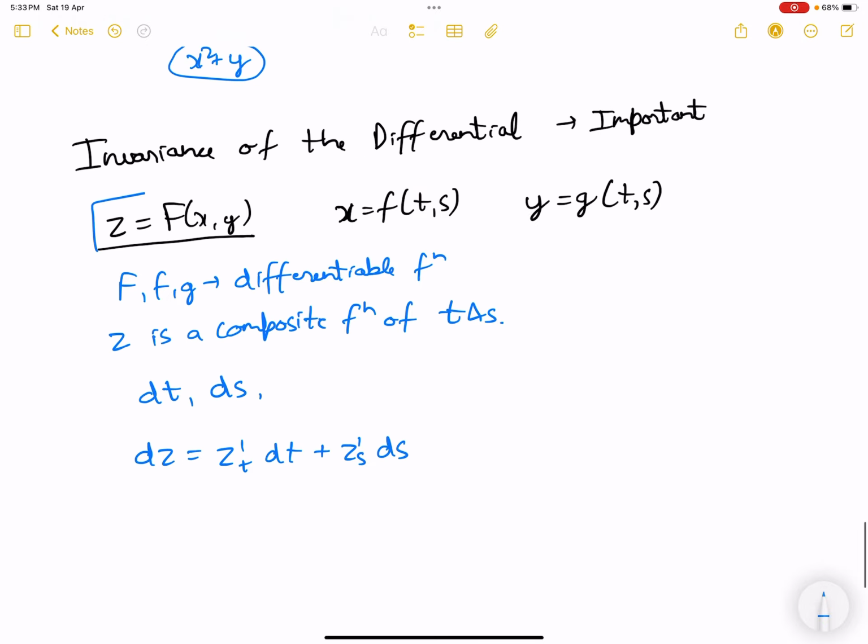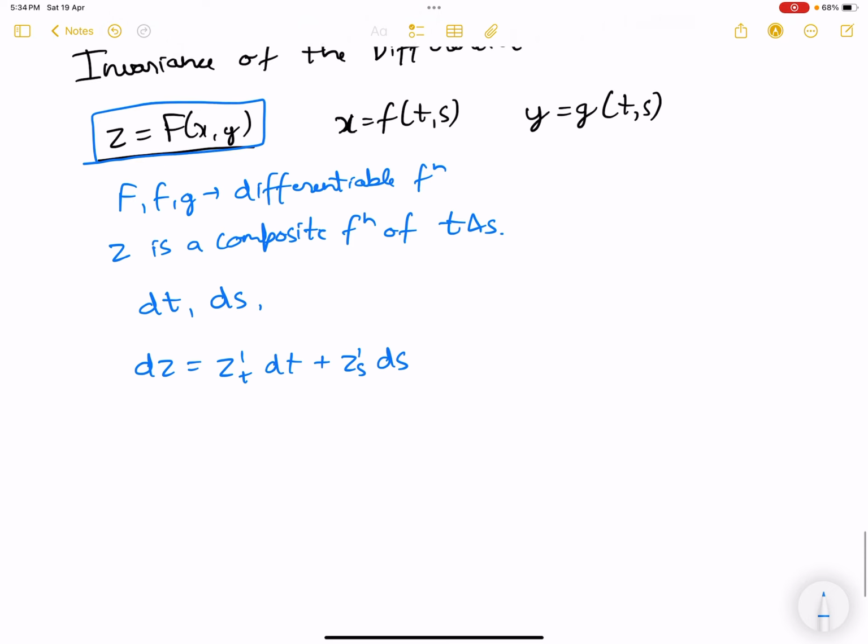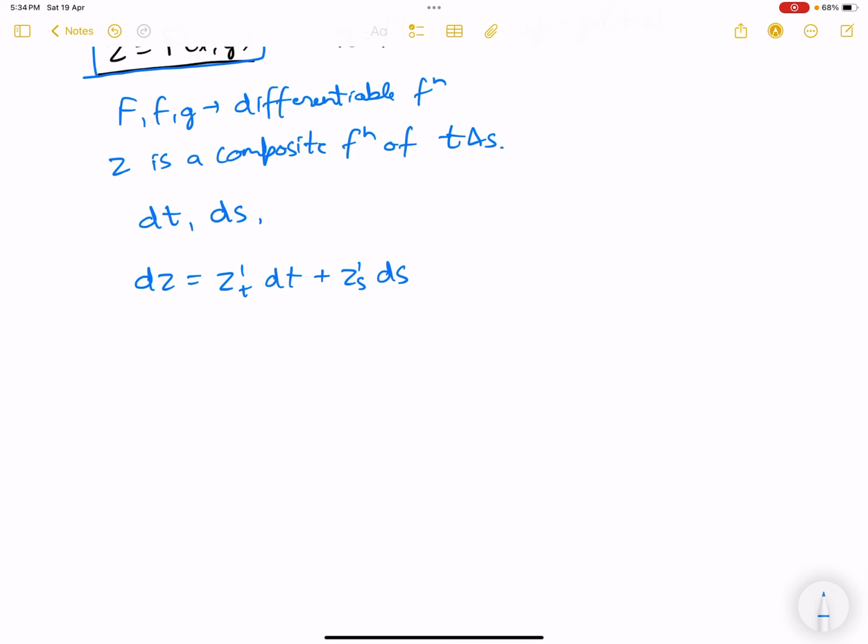Now हम चेन रूल लगा के z dash t निकाल सकते हैं. और चेन रूल के साथ z dash s भी निकाल सकते हैं. So del z would be z dash t. So z dash t is f1 dash(x,y) into xt dash plus f2 dash(x,y) into yt dash, whole times dt.